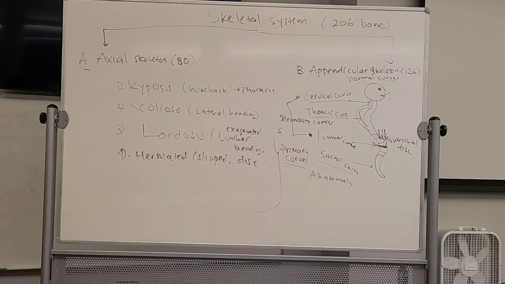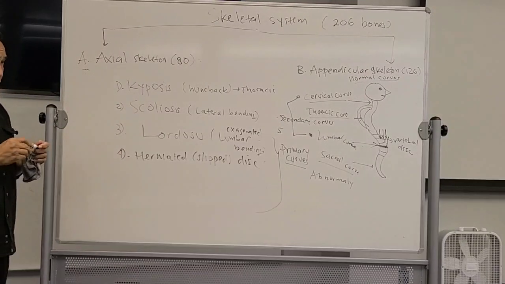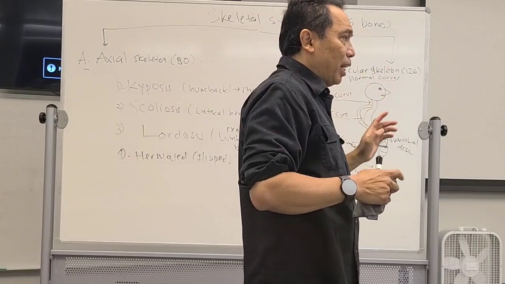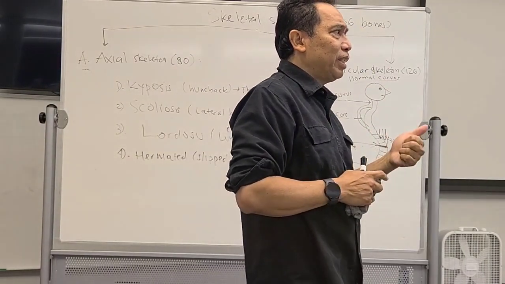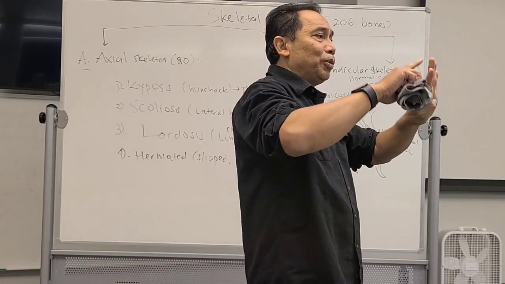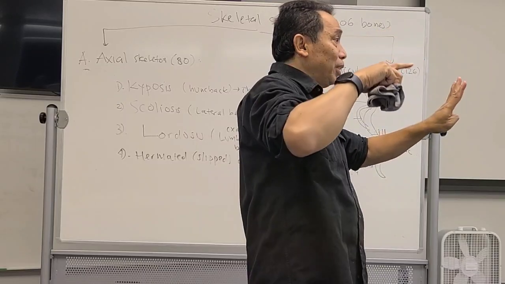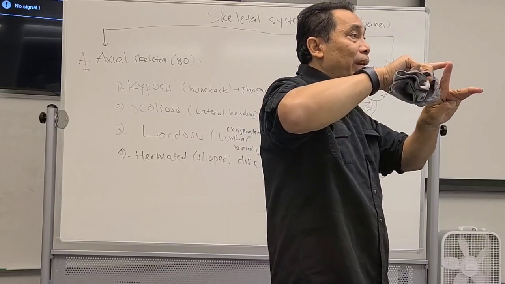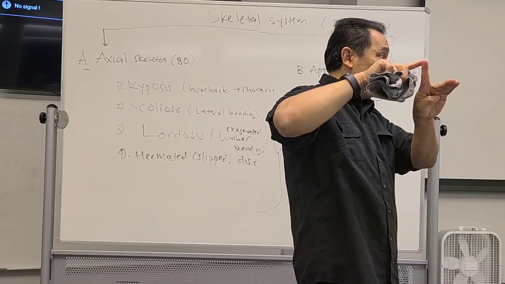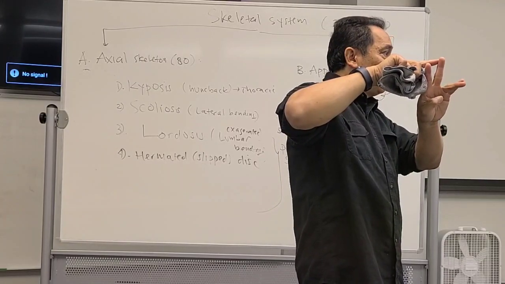Okay, now, last time when we talked about the original layer that makes the nervous tissue, remember we have 4 types of tissue, right? Epithelial tissue, connective tissue, muscle tissue, and nervous tissue. Epithelial tissue is made from all 3 germ layers, right?